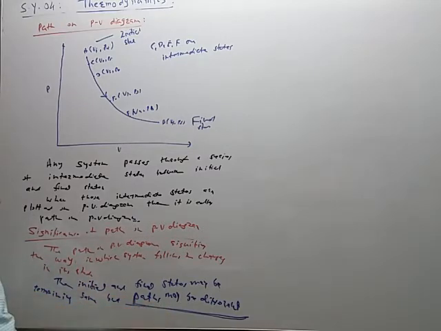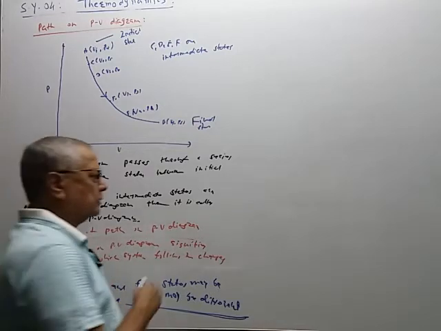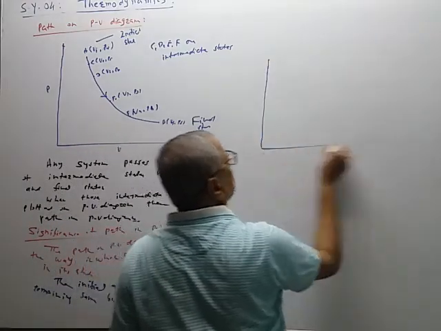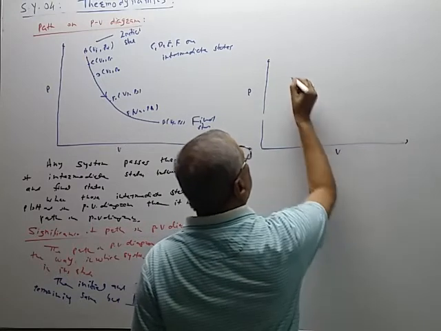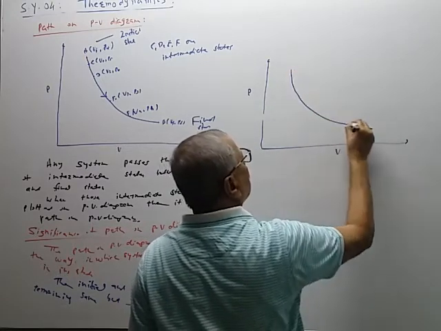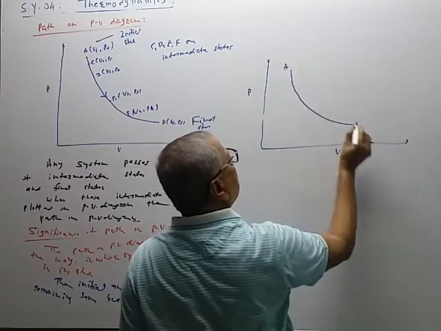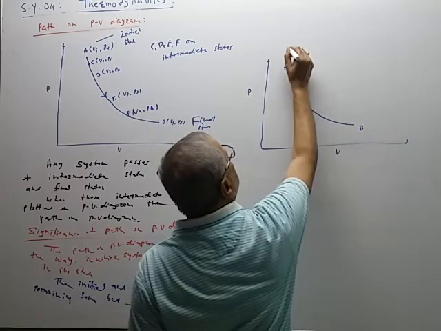So the simple example you can give is like this one. Suppose this is the PV diagram. The system may go from initial state A to final state B. This is the initial state.